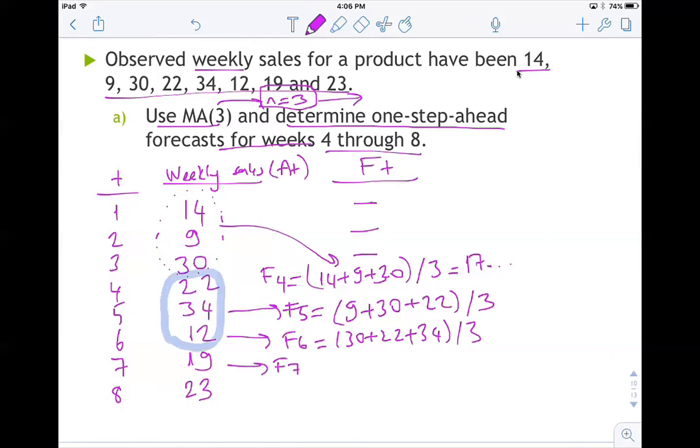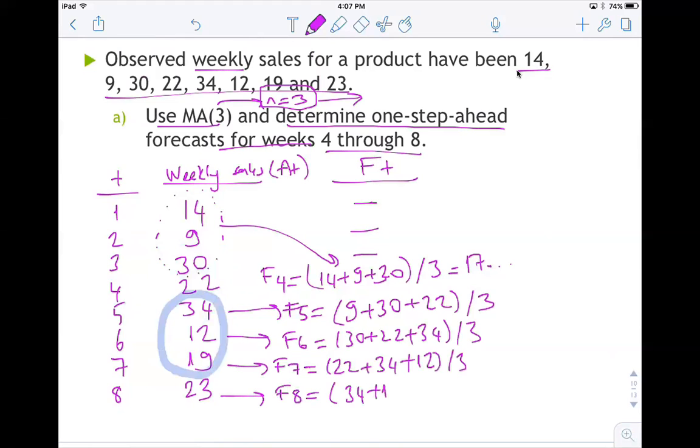So F7 would be 22 plus 34 plus 12 divided by 3. Okay, and my F8, forecast for week 8, would be using these 3 numbers. It will be 34 plus 12 plus 19 divided by 3.